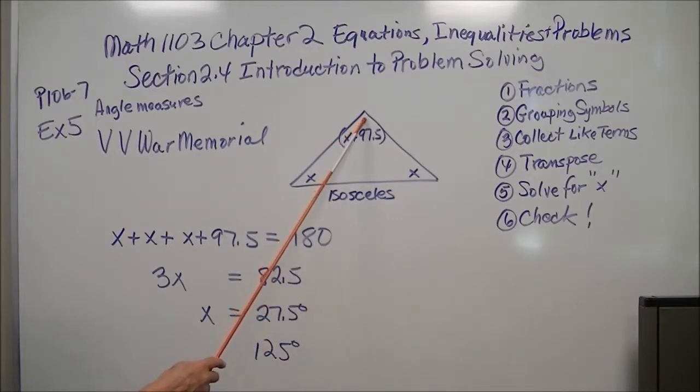And then this other angle up at the top, when we add this to the 97.5, gives us 125 degrees. So the key about this is they're introducing you to, or reviewing, isosceles triangles. Base angles are the same, and triangles have a total of 180 degrees.